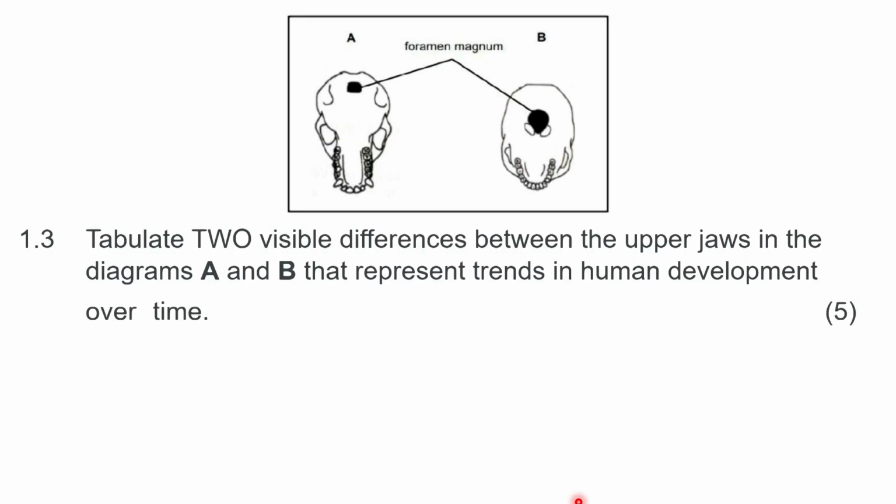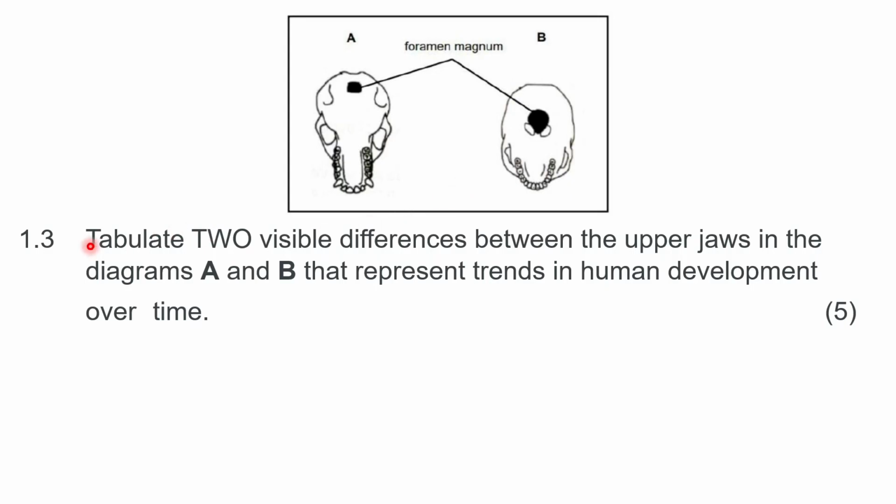The next question, they say tabulate 2 visible differences between the upper jaw of diagram A and diagram B that represent traits in human development over time.